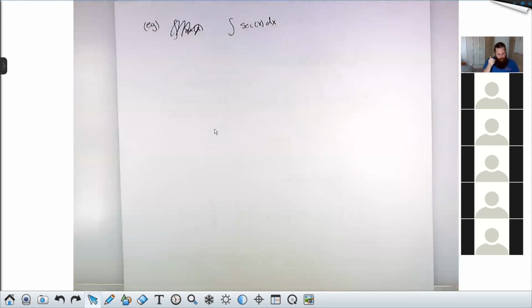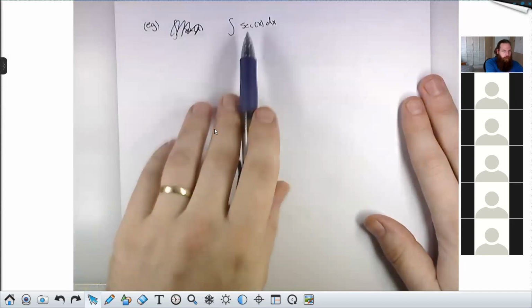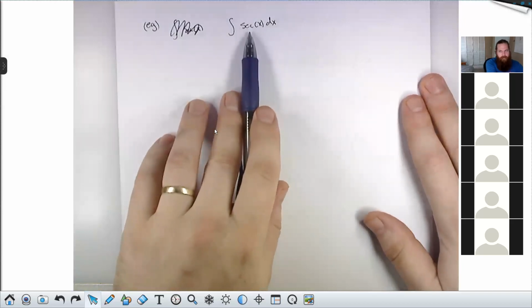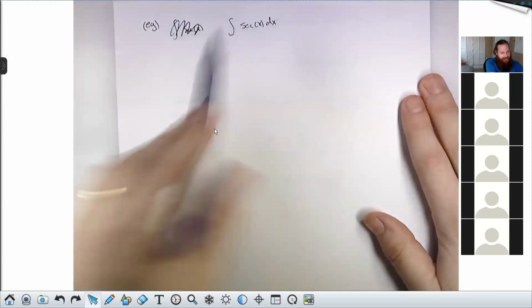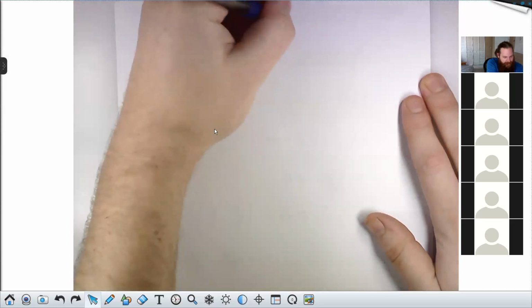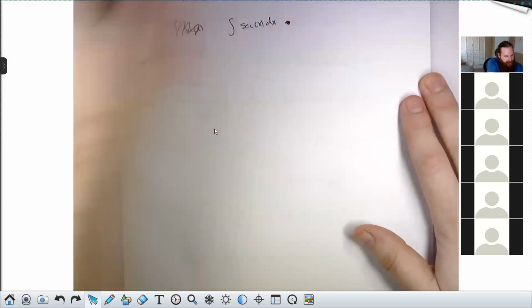So I have to show this to you because it's one of those classic finishing problems in Calc 1. But be warned that the first step, nobody would ever think to do. We're gonna multiply by secant plus tangent over secant plus tangent. It's a very strange thing. I'll do it down here.